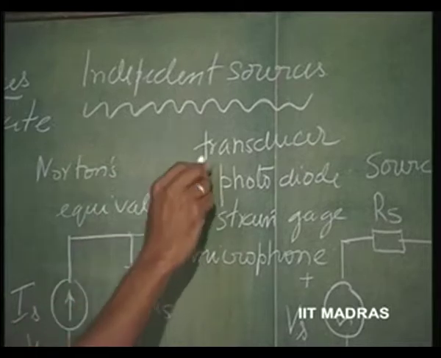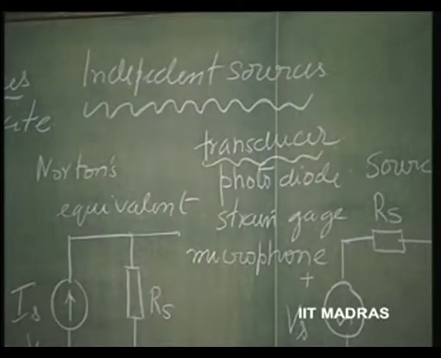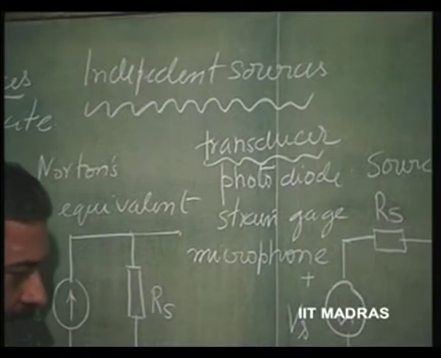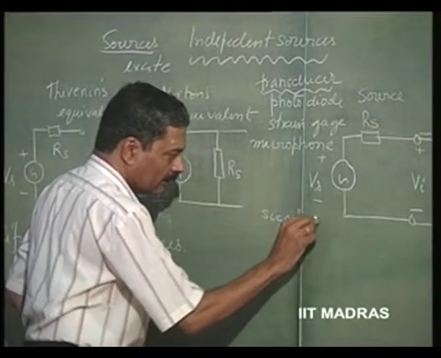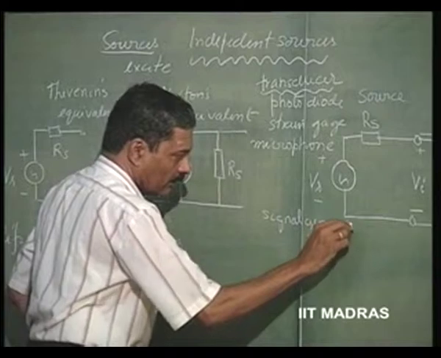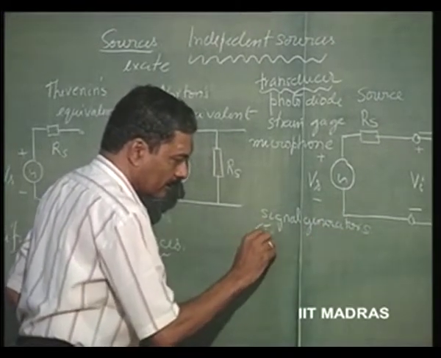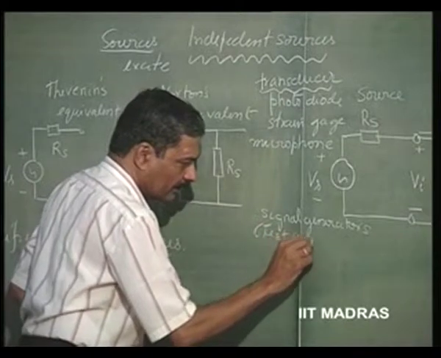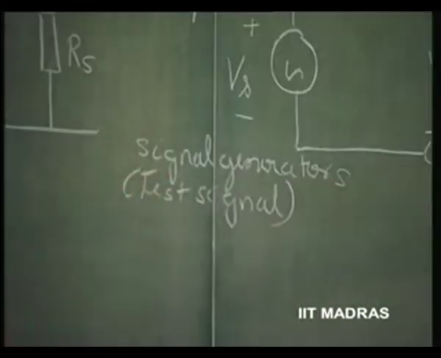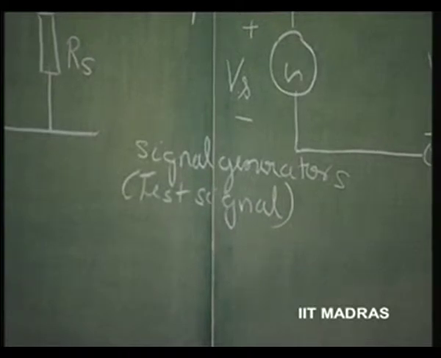This could be a transducer, independent sources, or just plain electrical signal generators, test signals. This is to test these amplifiers, etc. We could plainly apply test signals at the input.